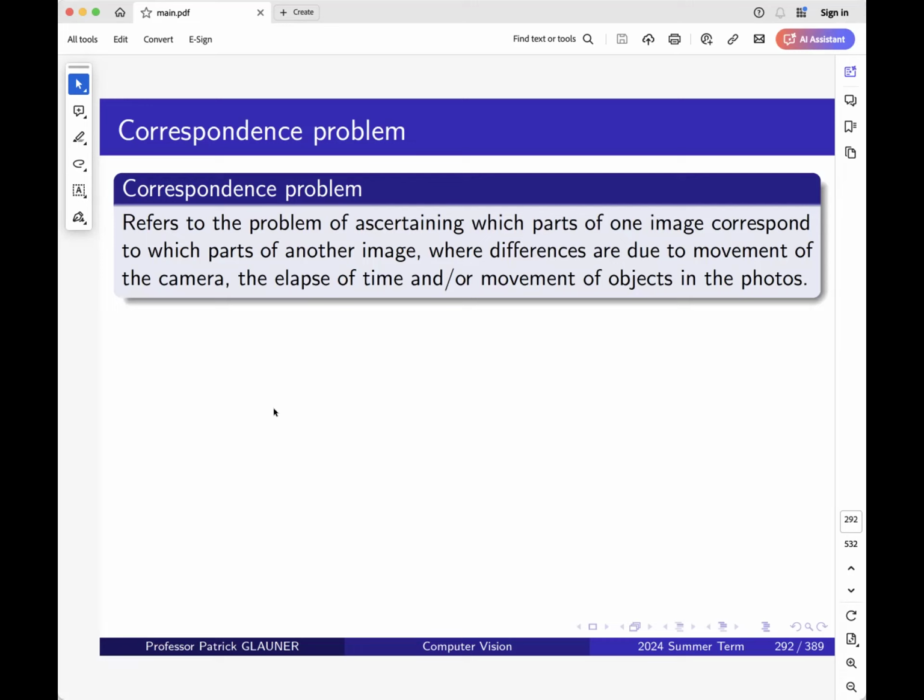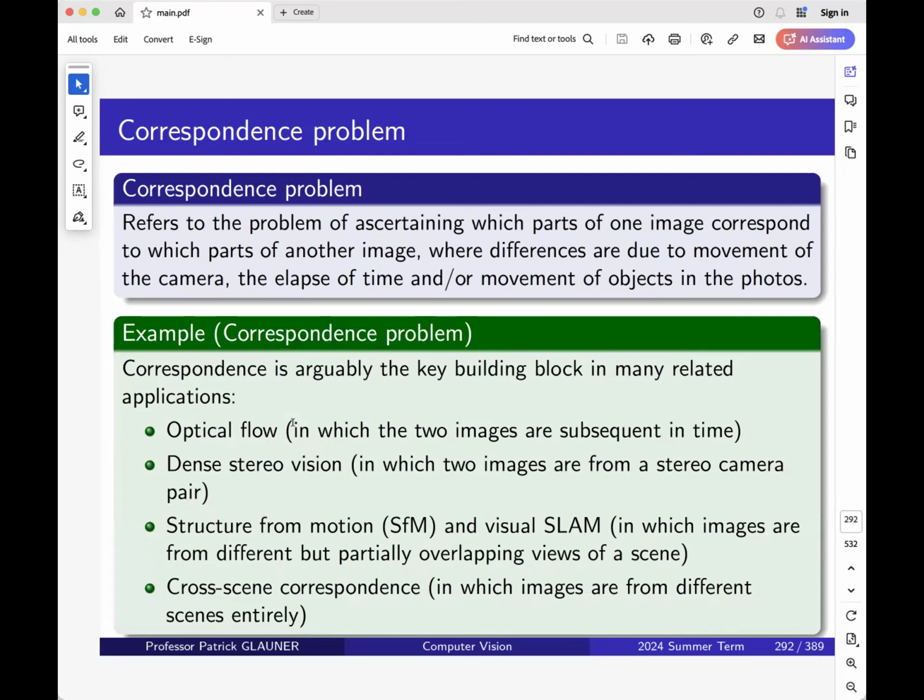And we want to match which parts of an image match to another part of the image that was taken in the other setting. This correspondence problem is something you come across in a lot of vision problems. We didn't call it a correspondence problem so far, but we will now look at a few examples where this is the case.